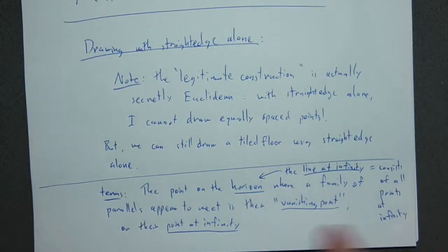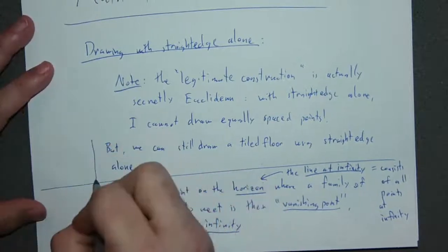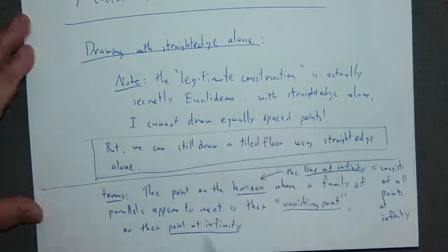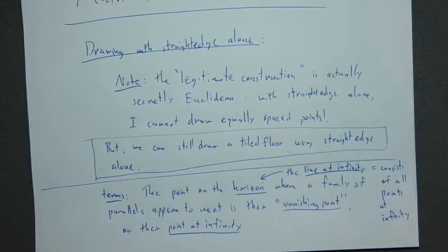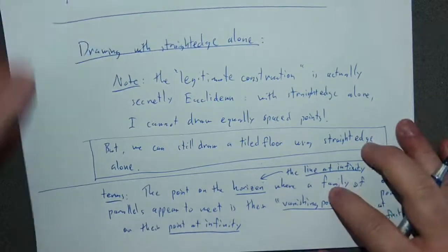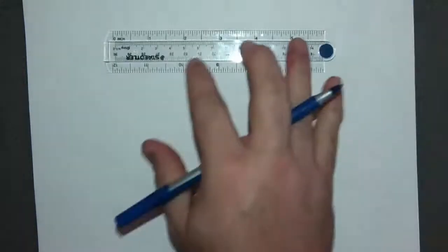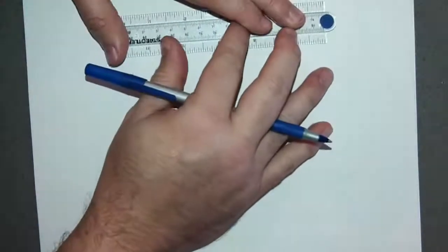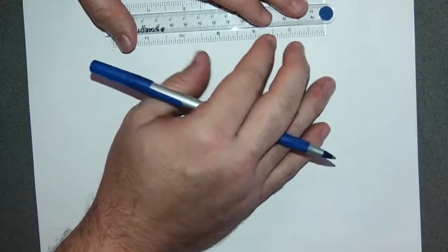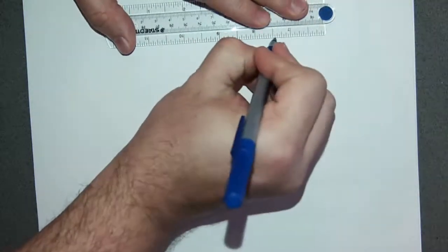Now, how do I draw my tiled floor using straight edge alone? Okay, so now the pressure is on me because I have to make a nice showing of this live. So, what's the idea here? The idea is I take a horizon line. So here's my horizon.